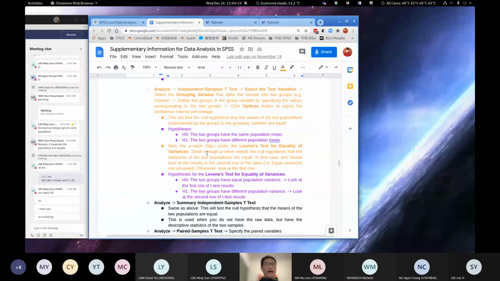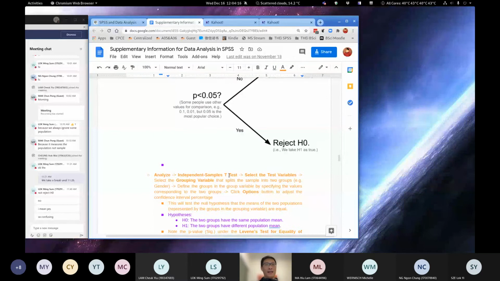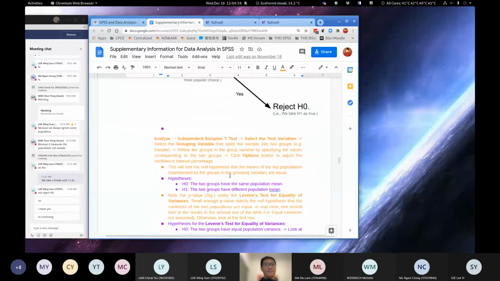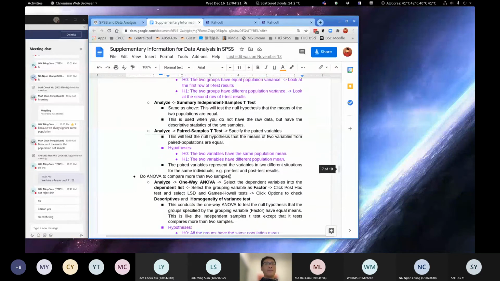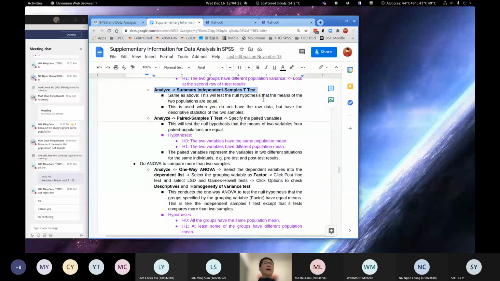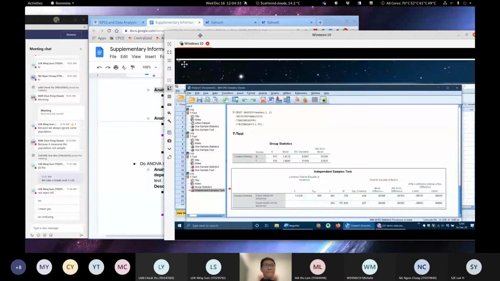Okay, so here I have talked about the independent samples t-test. The next one is the summary independent samples t-test. Now this is the same as the independent samples t-test, except for one thing.